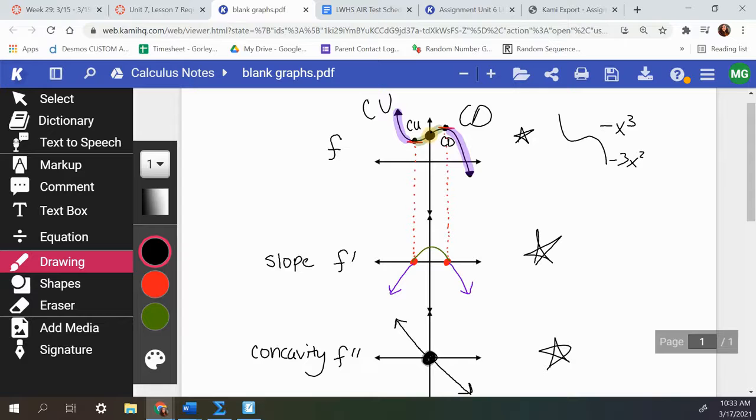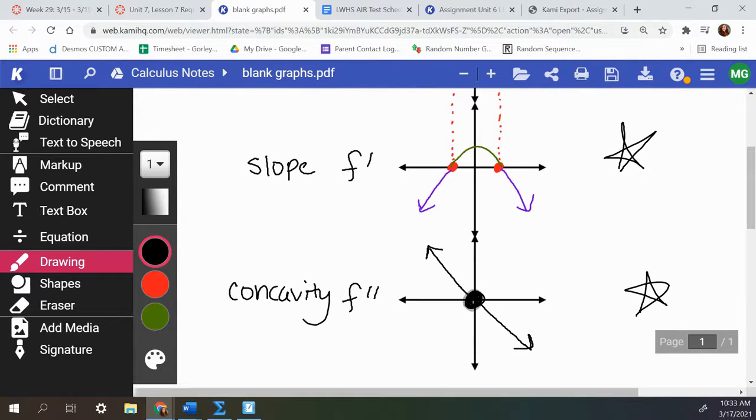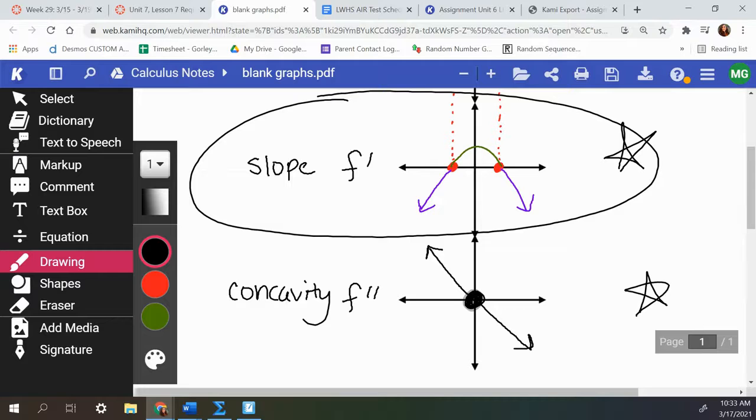Does that make sense? Another way you could do it, rather than relating it to the concavity of the original function, you could just use your first derivative graph to help you. You could think to yourself, okay, well, let's imagine that this is the original function now, and this is the first derivative.